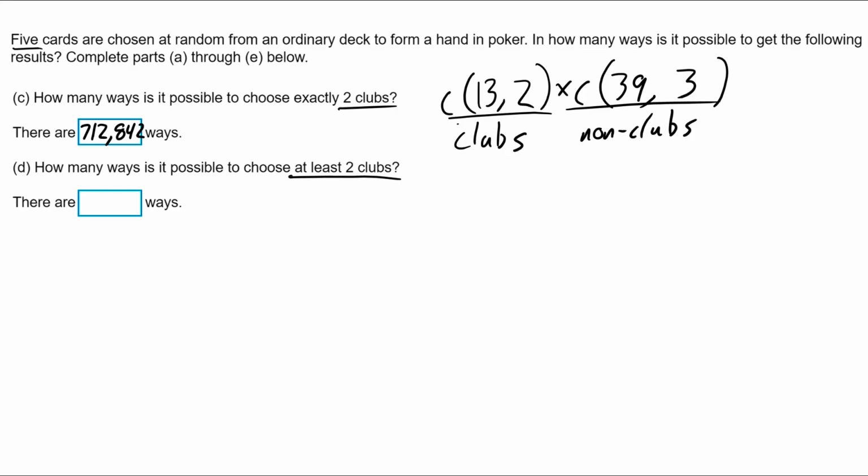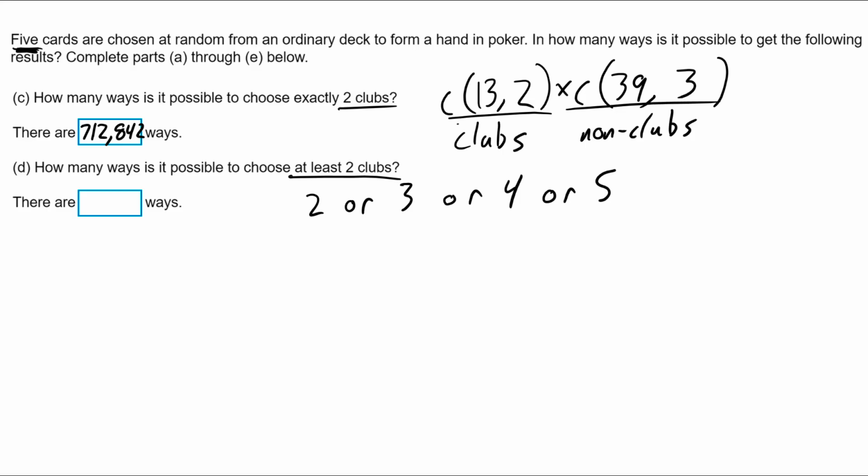At least 2 clubs means 2 clubs, or 3 clubs, or 4 clubs, or 5 clubs. Everything between 2 and 5, again 5 because that's how many cards we're choosing, is listed there.